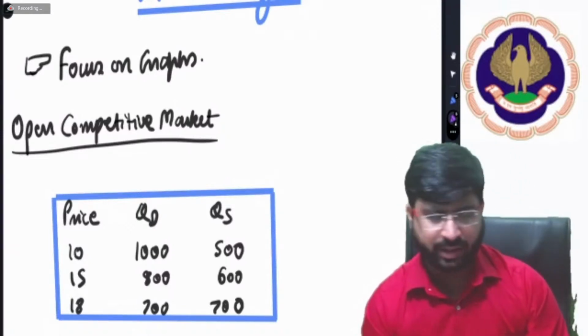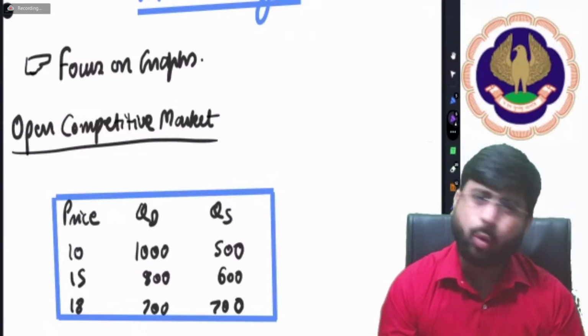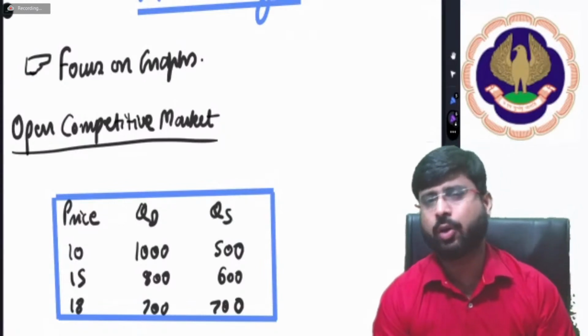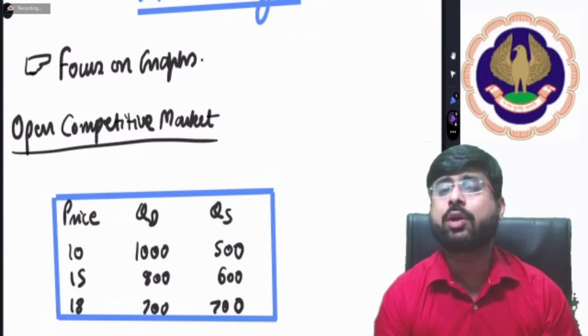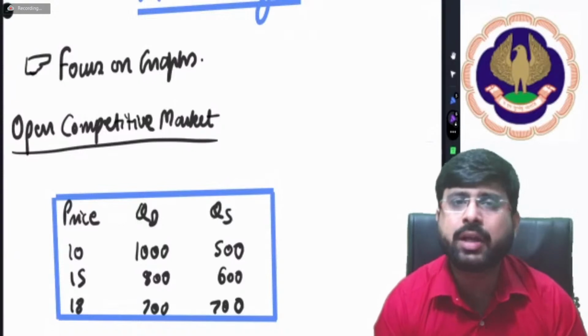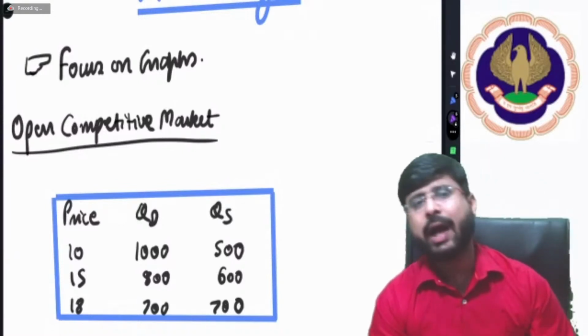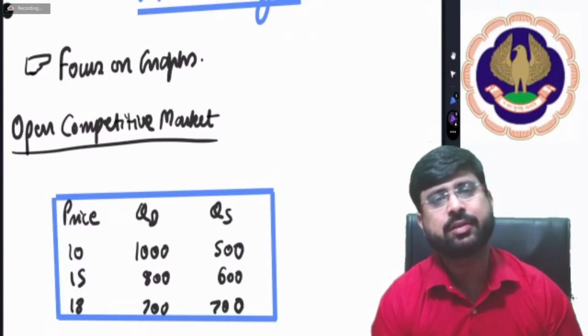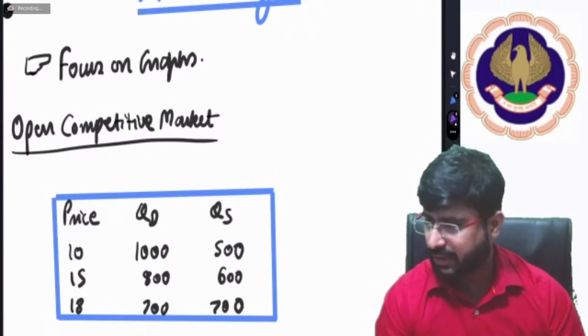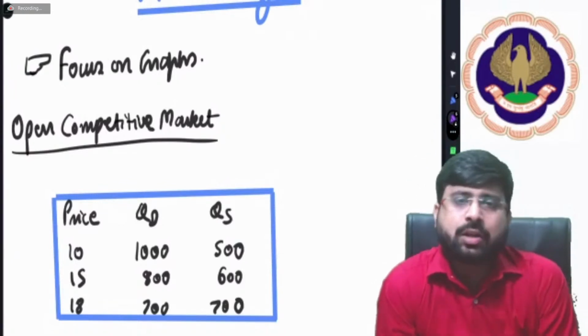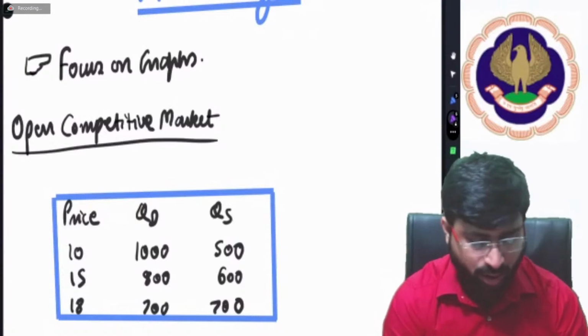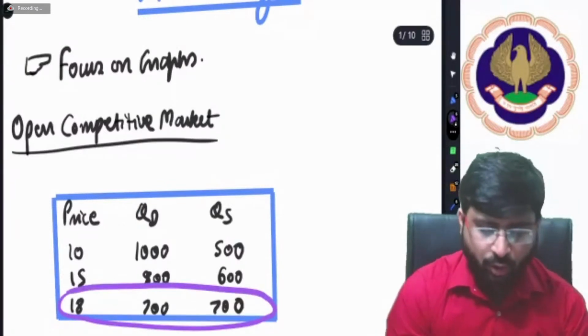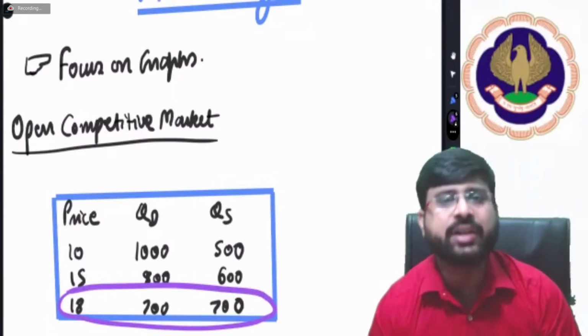Identify and tell me at what price level in this example quantity demanded becomes equal to quantity supplied. All of you will say, sir, it's a very easy question. At a price of 18 rupees, quantity demanded becomes equal to quantity supplied.